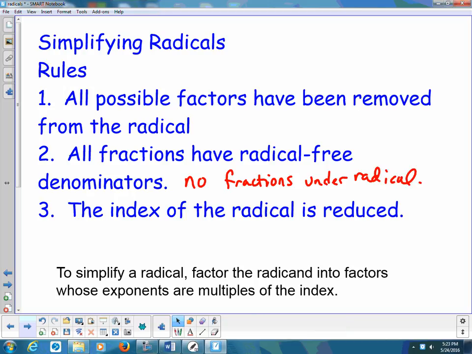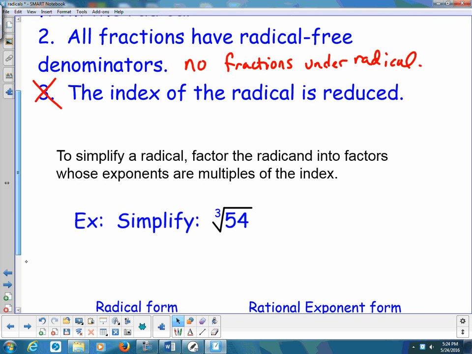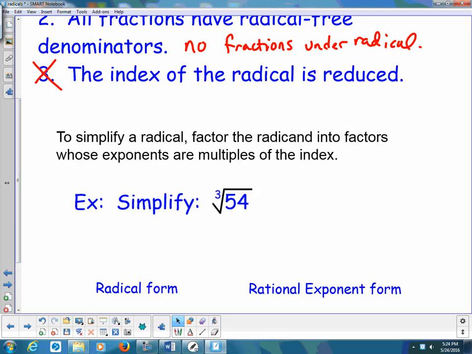And number 3, the index of the radical is reduced. Well, we're not going to worry about this one on this video. We might do some examples of that in class. But for right now, to simplify a radical, you're going to factor the radicand into factors whose exponents are multiples of the index. So in this case, we're trying to simplify cube root of 54.